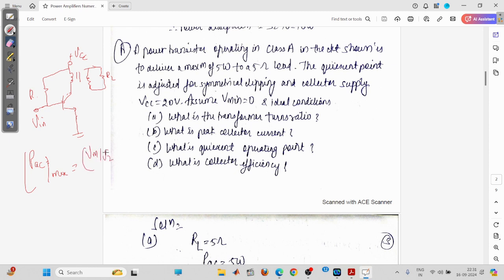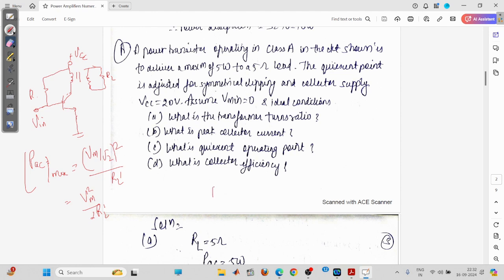Vm upon root 2 whole square upon RL. Actually, this is the maximum power, that's why we have written voltage in the maximum form. So this is Vm square upon twice into RL dash, because we are very much concerned about the primary side. This is the actual load resistance we are going to reflect here.